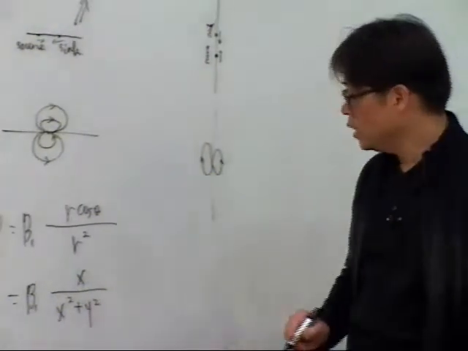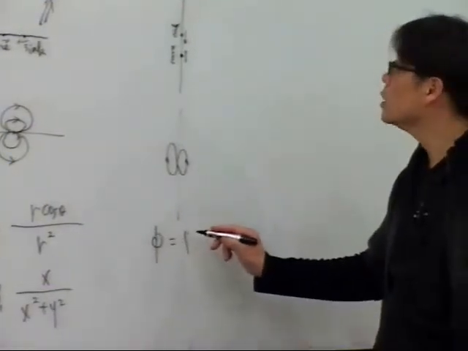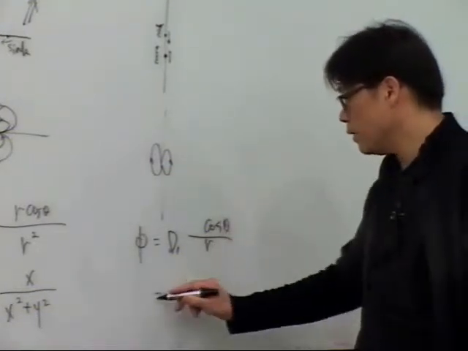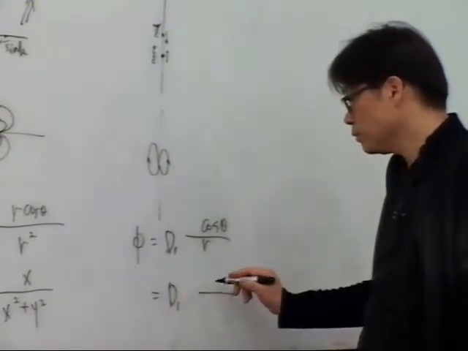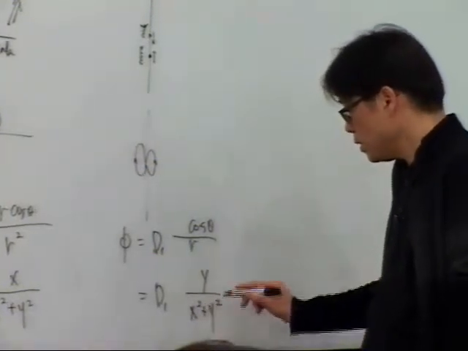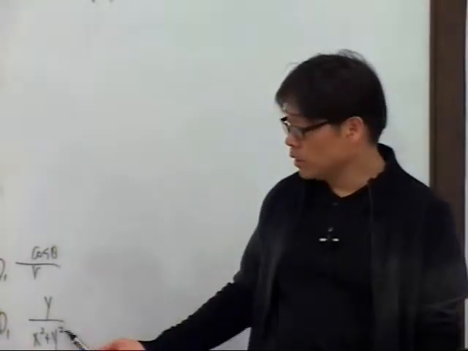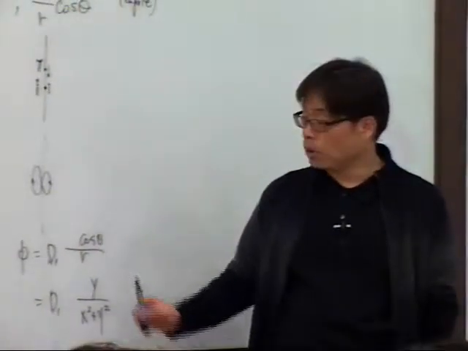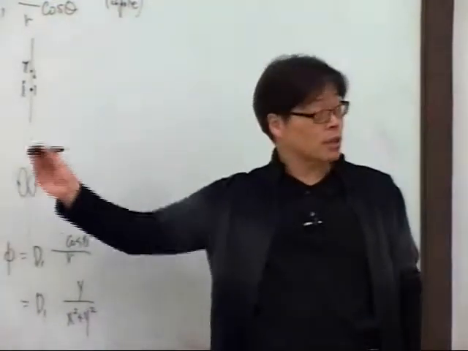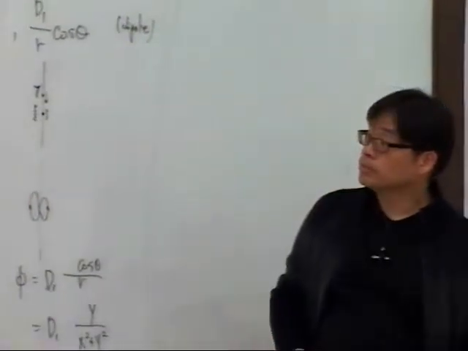On the other hand, for this case, I have phi equal to d1 over r cosine theta, and then I have d1 y over x squared plus y squared. So this is the velocity potential for a dipole aligned in the y direction, and this is a dipole aligned in the x direction. That's what we discussed last time.